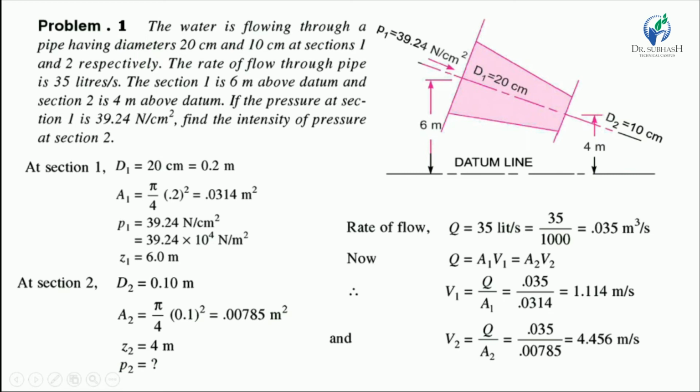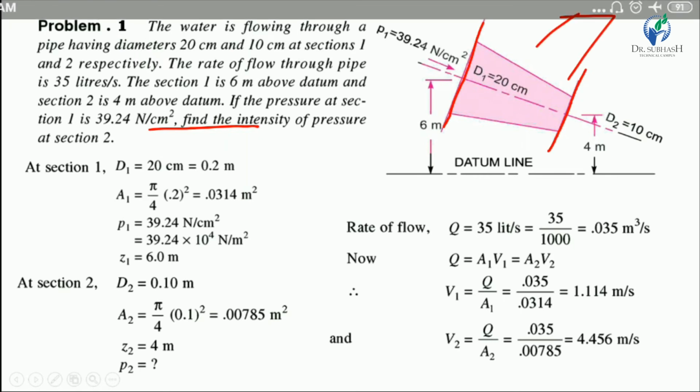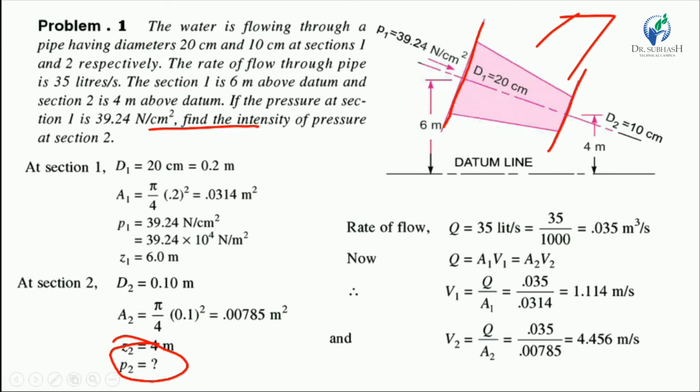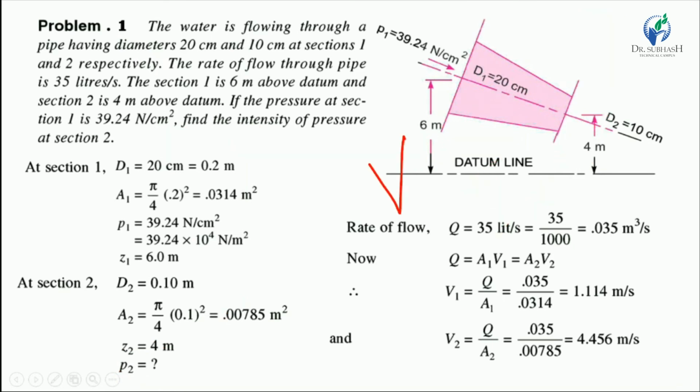Now we have to apply Bernoulli's principle at section 1 and section 2, so we can get the pressure intensity P2 at section 2. We know that three energies are considered: pressure energy, velocity energy and potential energy. But we don't have the velocity.